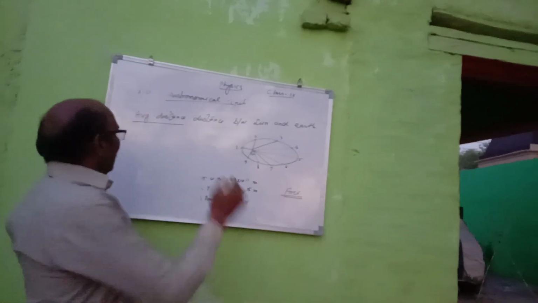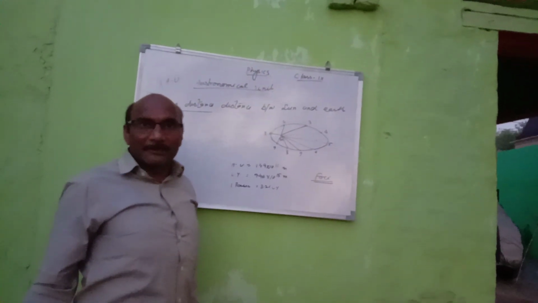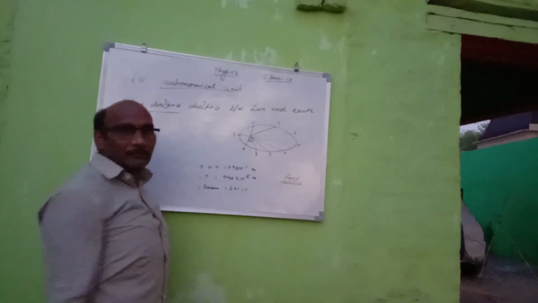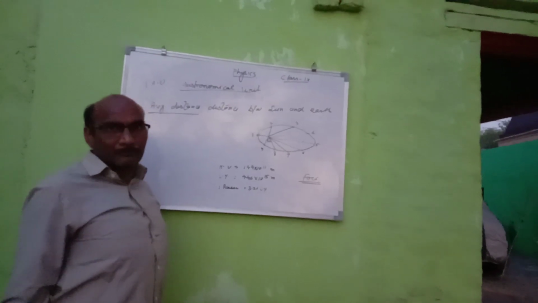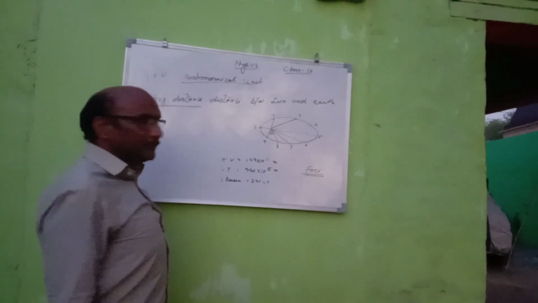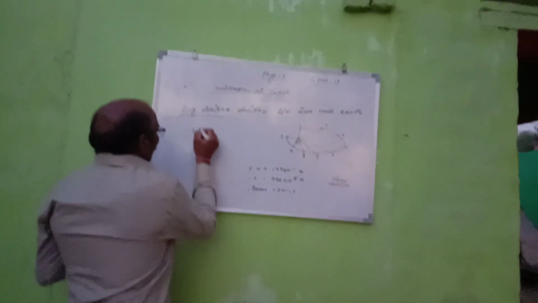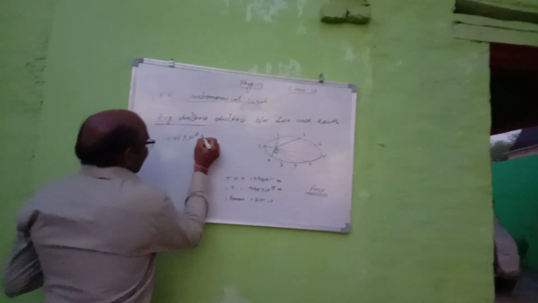So again, one astronomical unit is the average distance between the sun and earth. So from here we can calculate the average distance. Its value is approximately 1.496 × 10^11 meter.